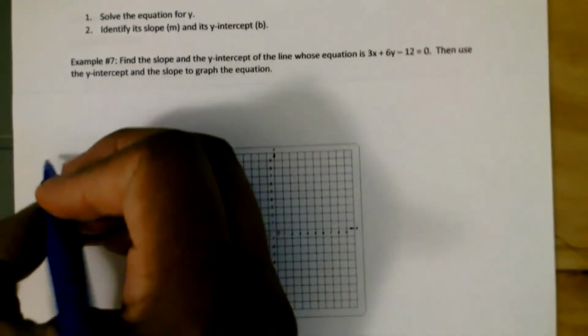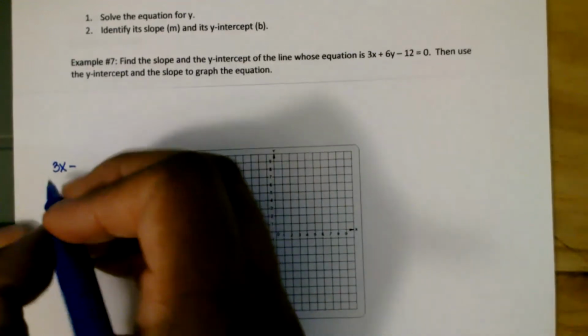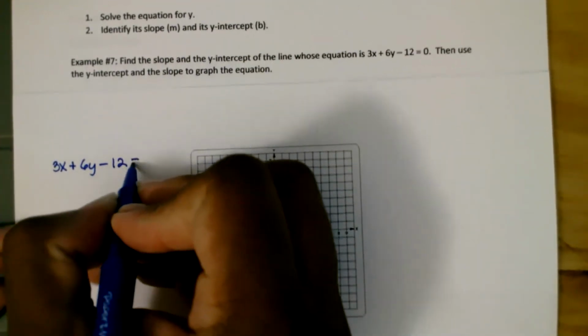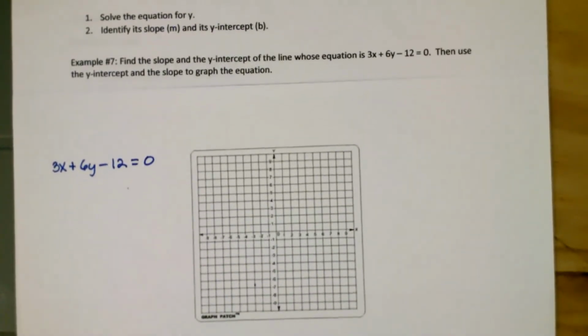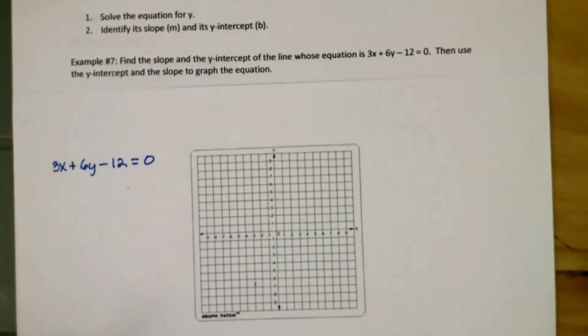Now I'm going to write down that 3x plus 6y minus 12 equal to 0. And I need to solve this equation for y. That means I need to move the 3x and the minus 12 over to the other side and get rid of the 6 in front.